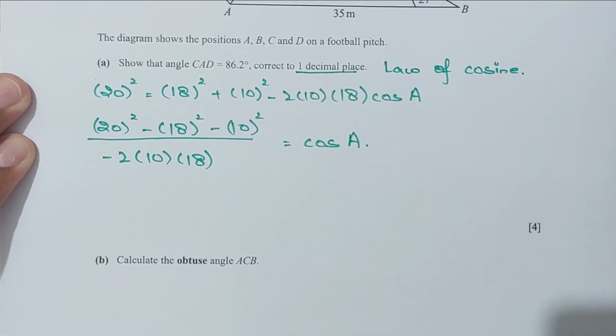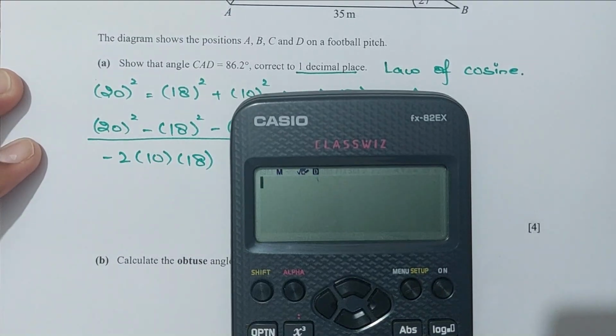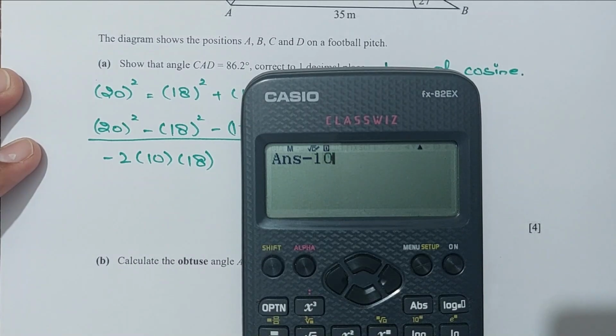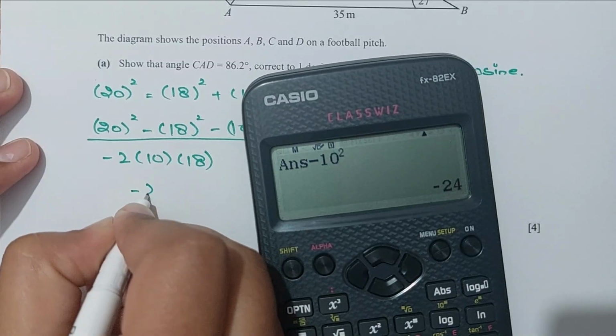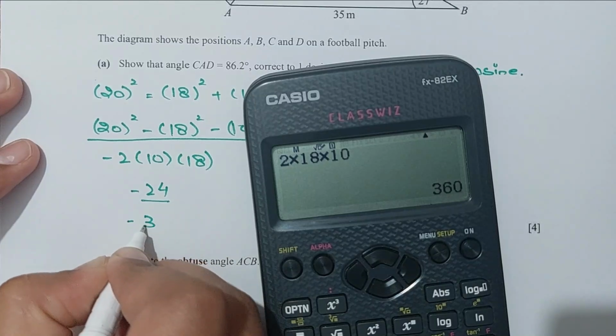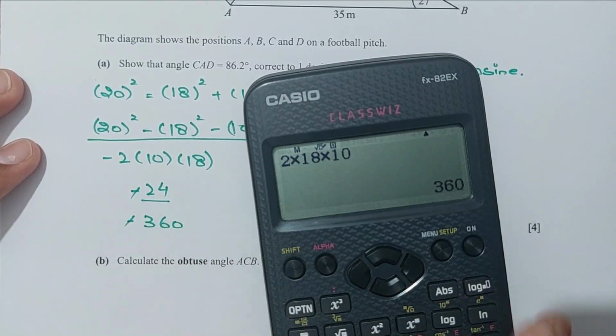All right, let's simplify. 20 squared minus 18 squared minus 10 squared is negative 24, over 2 times 18 times 10, which is negative 360. Negative is cancelled out with negative.